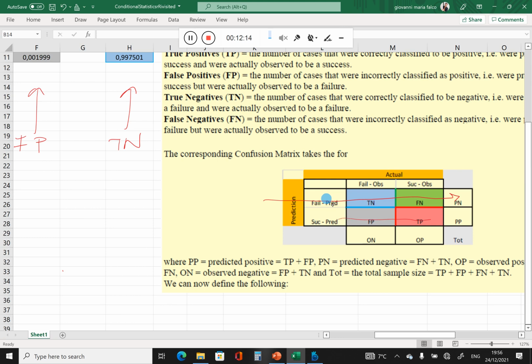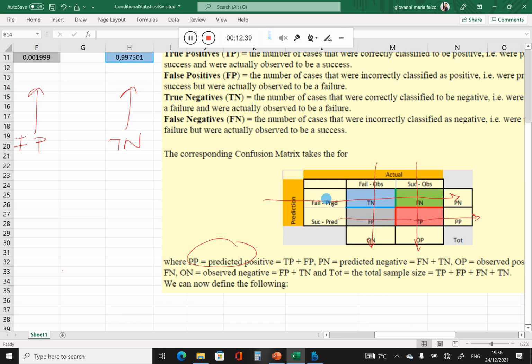Then here you have the total probability for being predicted positive, and along the y-axis you have the observed negative. It means the total probability to be in reality negative, and here the total probability observed positive, namely the total probability to be positive.